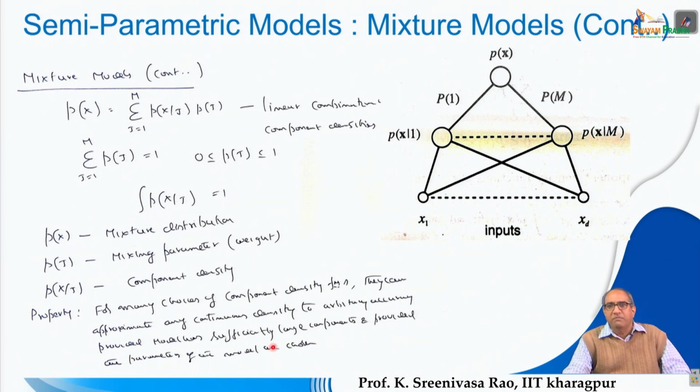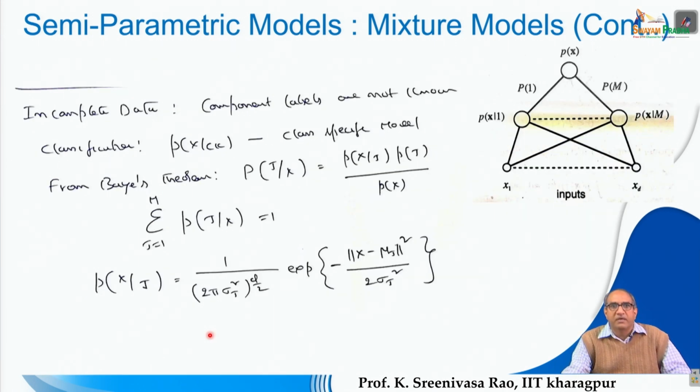What it means is that any complex density, any complex data, can be modeled using a mixture model or semi-parametric models if you provide a sufficient number of Gaussians with appropriate parameters. Then any arbitrarily complex data can be modeled close to the true density. That is the idea.